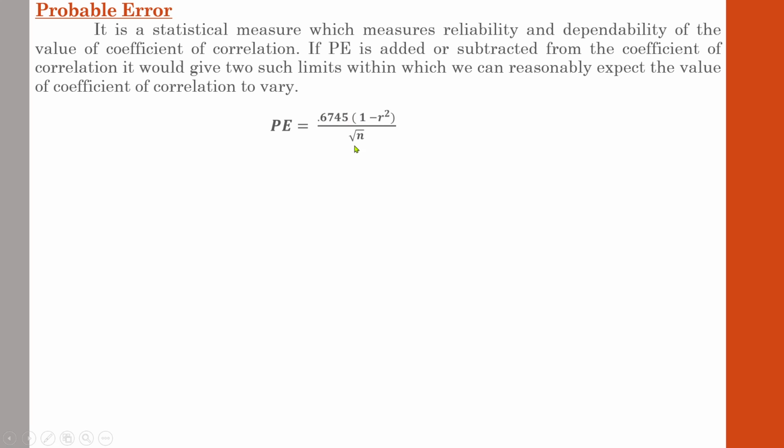That part is known as the standard error of the coefficient of correlation, and it is considered to be the best method for measuring it, because standard error measurement is always better than probable error. For the time being, we will be discussing only the probable error concept, because standard error concept is an advanced case in this area.